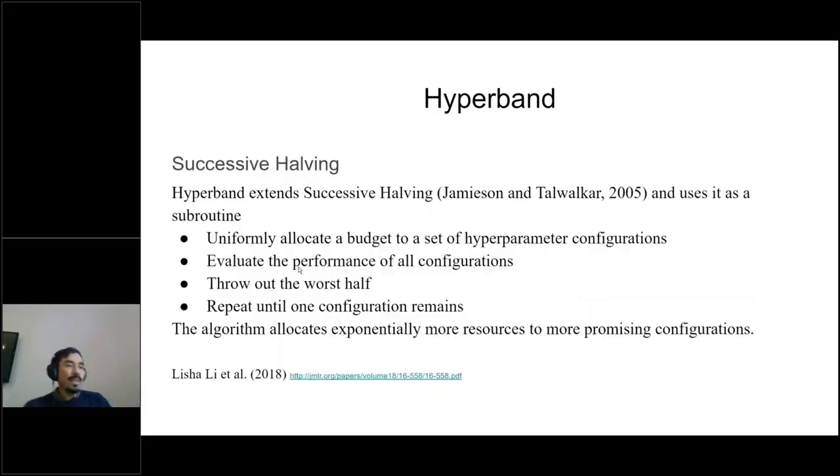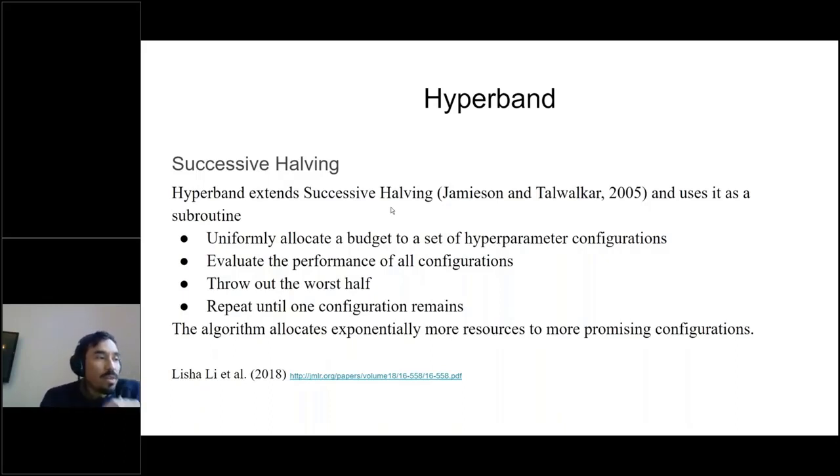So Hyperband is composed of many different functions, or subroutines, as you can call them. One subroutine that is used in Hyperband is called successive halving, and this method was already published, successive halving, in 2005. As the name suggests, you do an iteration searching for the best hyperparameters.